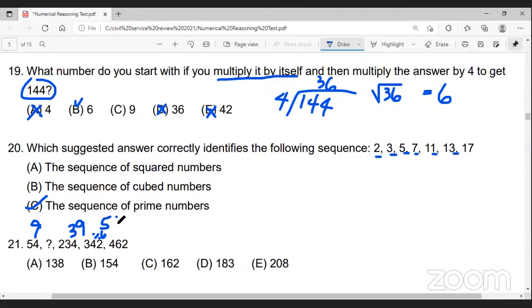Can you see already, even without dividing the last term by 6, what is the relationship, or what pattern could you see from 9, 39, 57? By dividing it by 6, the answer is 9.